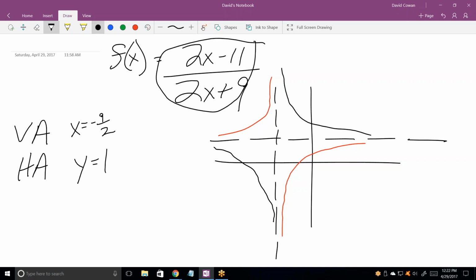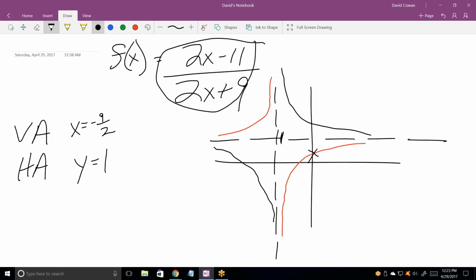This line right here is at 1. So we must be right here. Oh, okay. Okay, I haven't drawn it quite right, but the question is f of x greater than 1 or less than 1? That's all we need to know. If it's less than 1, then it's our red curve.